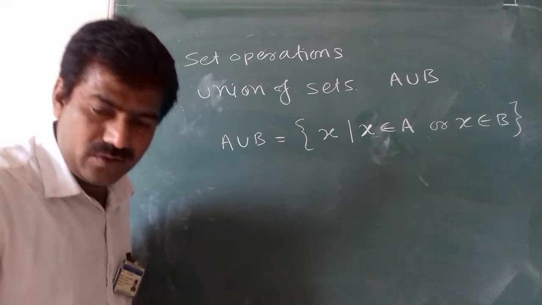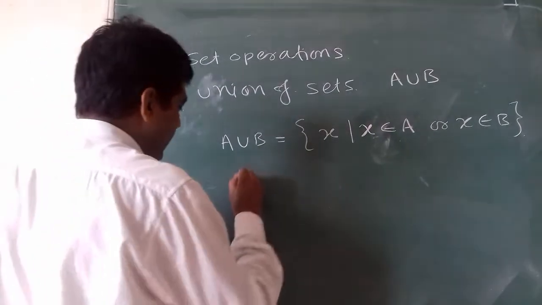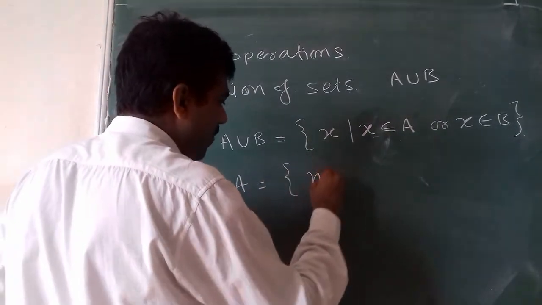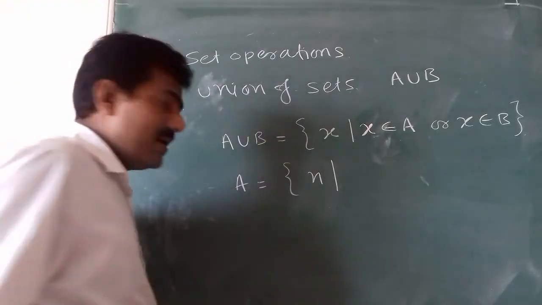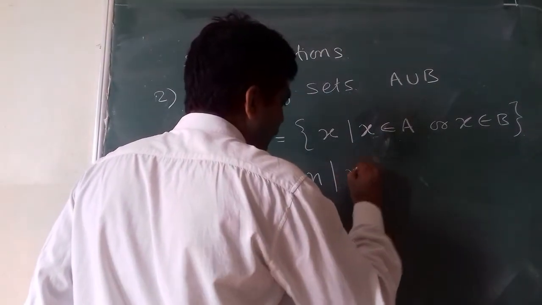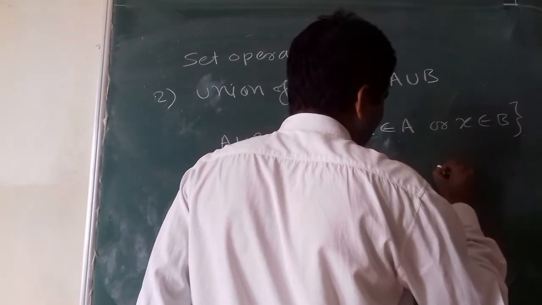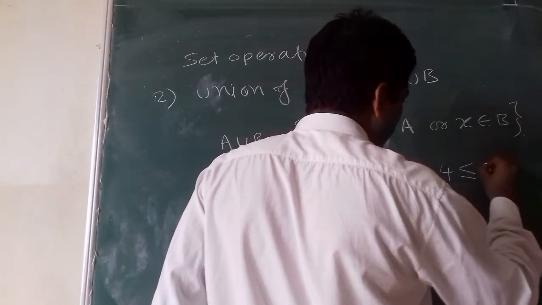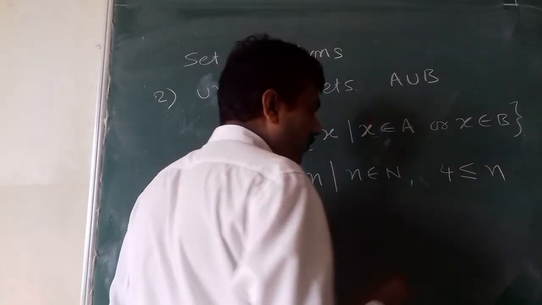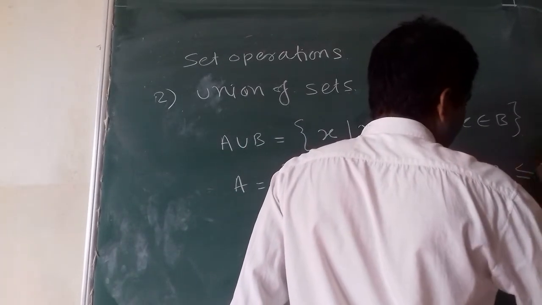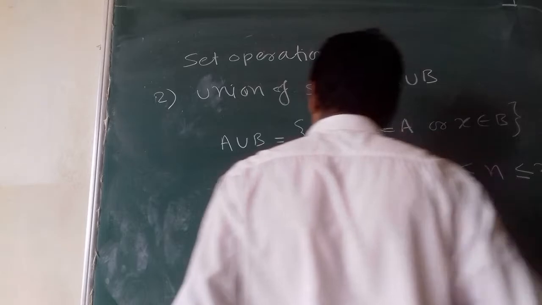Okay. So let's say one more example. Let capital A be a set of elements n, where n belongs to capital N, the set of natural numbers, and the condition is that n is greater than or equal to 4 and less than or equal to 20. This is the first set.